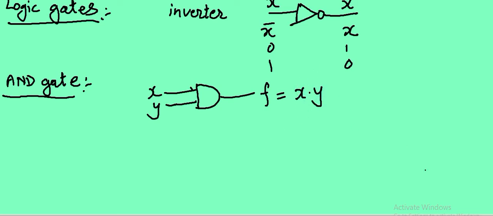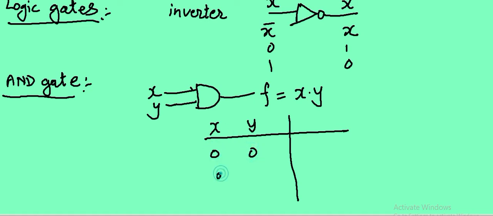The truth table for this gate is as so: x, y. There will be 4 input combinations, because these are binary gates, so it will take 2 inputs only, either 0 0, or 0 1, or 1 0, or 1 1. This says that if both inputs are 1, it will be 1, otherwise it is 0, right?